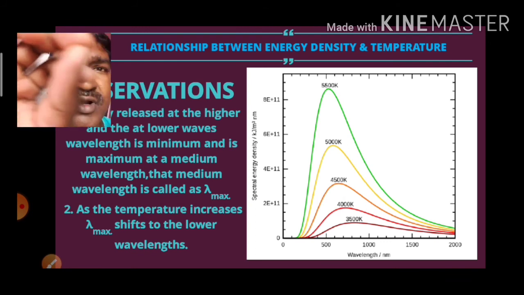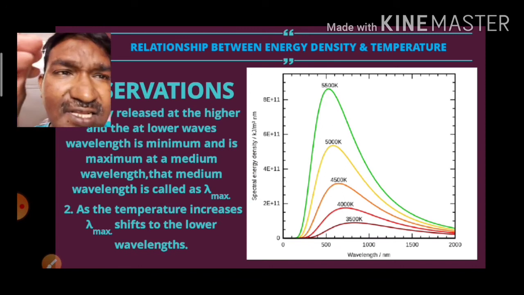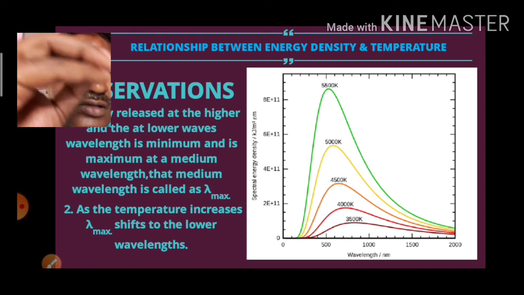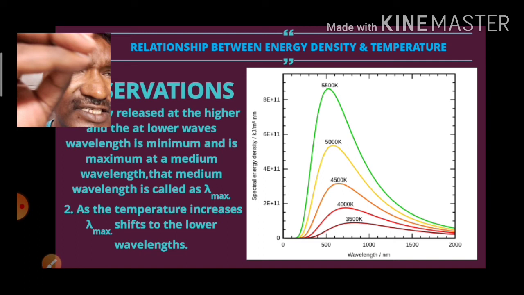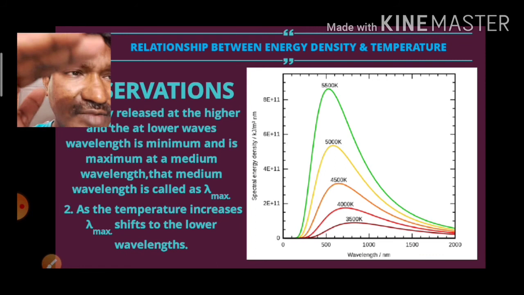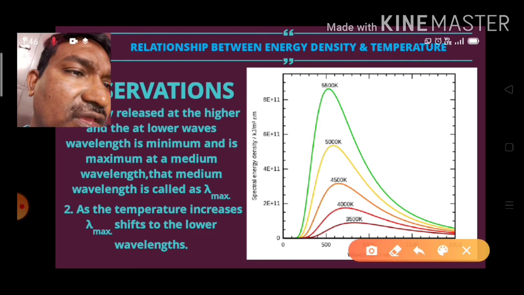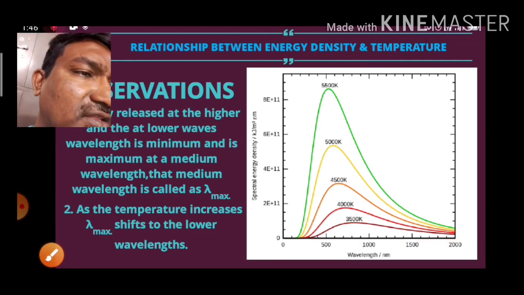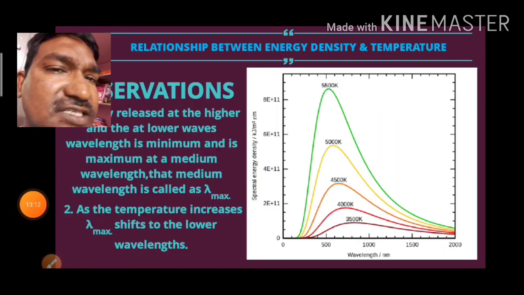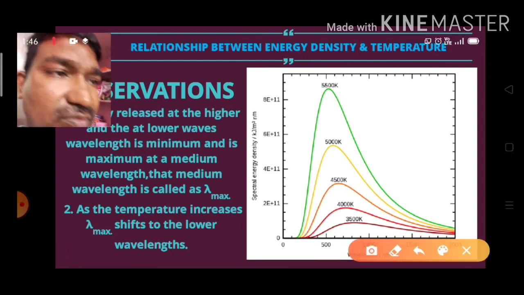Such a black body is heated at different temperatures, and the energy densities are measured, and plots are drawn for the energy density released by that black body at different temperatures against the wavelengths. Here on the x-axis we are taking the wavelengths, and on the y-axis the energy density. So we get this type of bell-shaped curves.